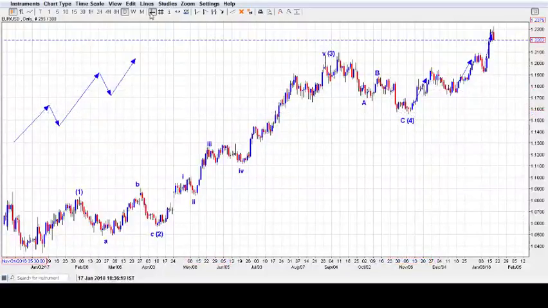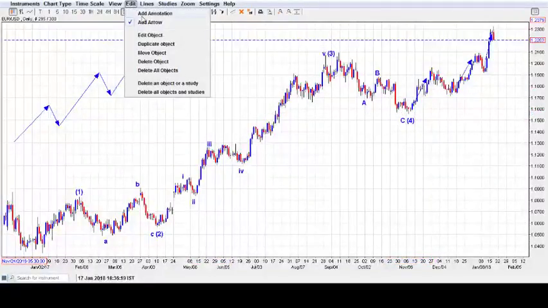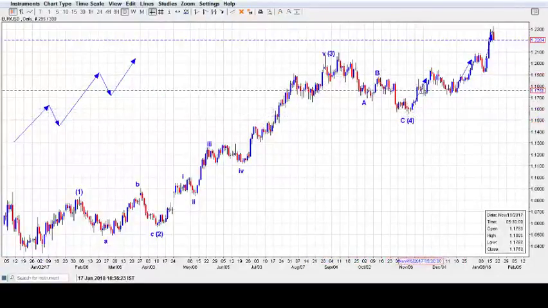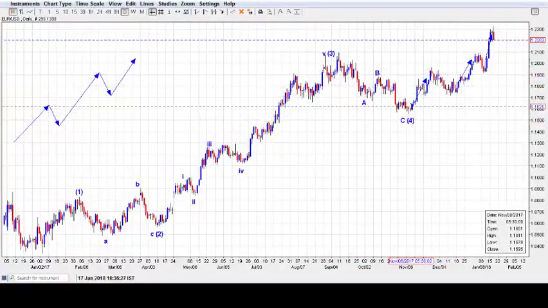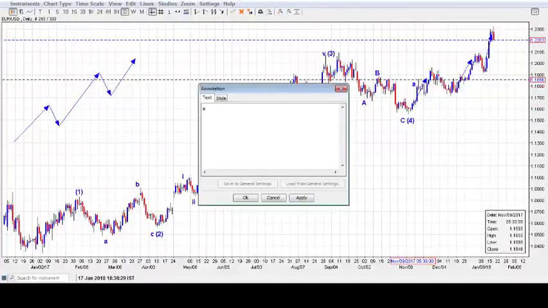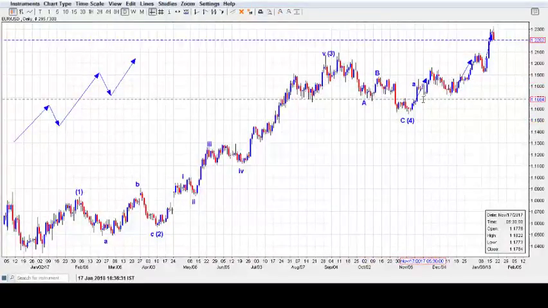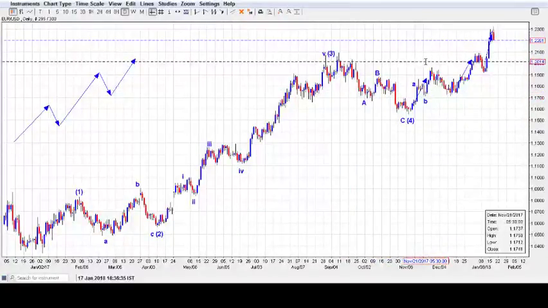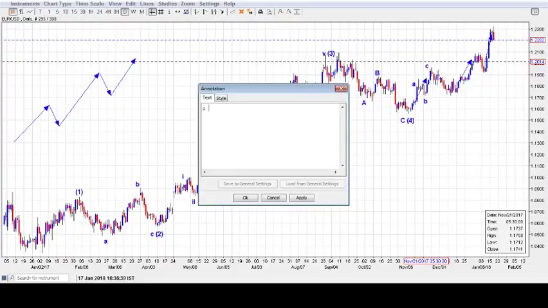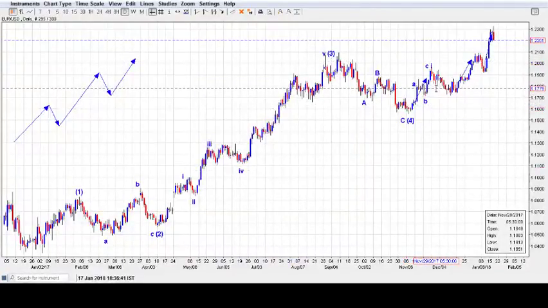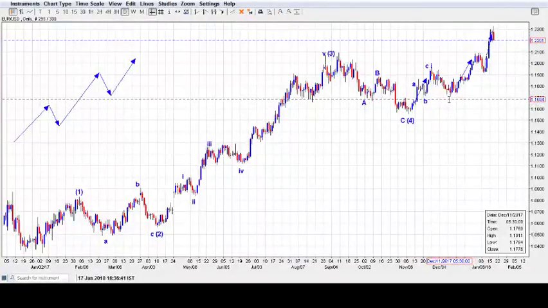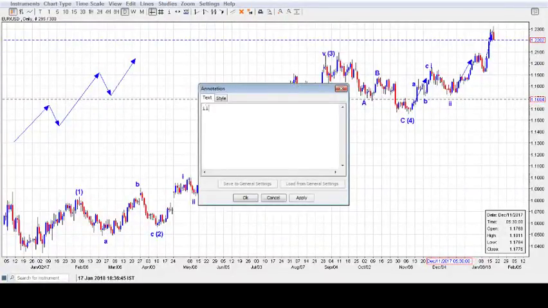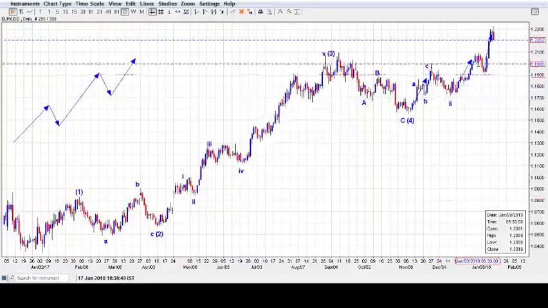What I'm doing here is, within the ending diagonal structure, since each wave is subdivided into 3 waves, it's an ending diagonal wave structure. Here is the first wave subdivision, A, B, C, wave 1, and again A, B, C, wave 2. I'm not writing the subdivisions, it will be too congested.